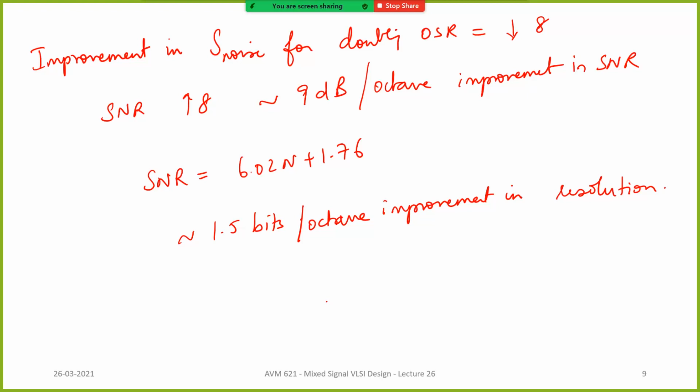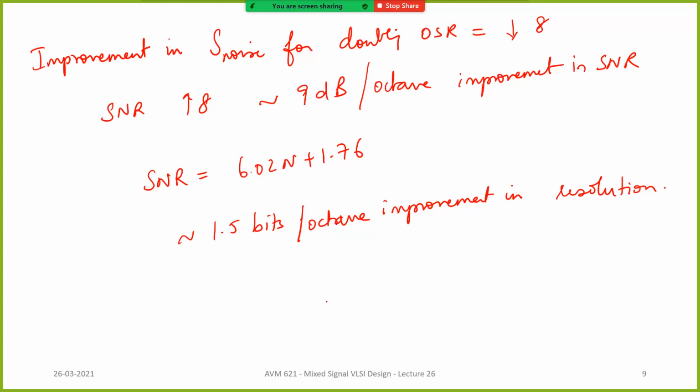So what can you conclude here? The conclusion is you can take a low resolution ADC, and of course you should have a good DAC, and put that ADC in this feedback loop.